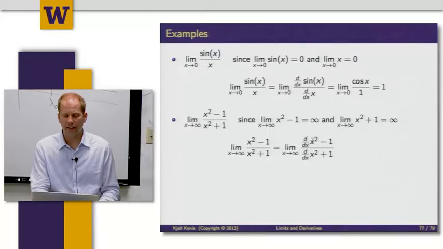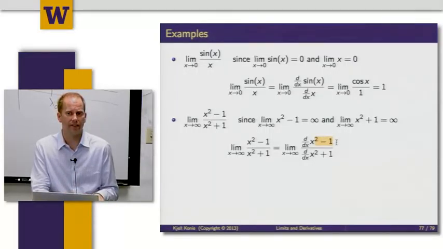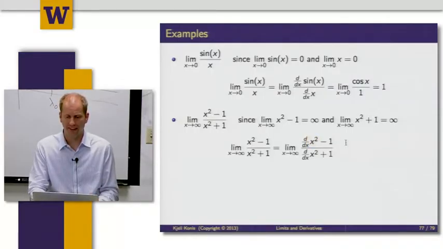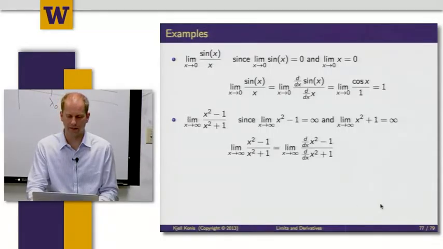When I take the derivative of the top, the derivative of the minus 1, which is constant, is just going to be 0. And the power rule says that the derivative of x squared is 2x. So I'm going to end up with the limit as x goes to infinity of 2x divided by 2x.